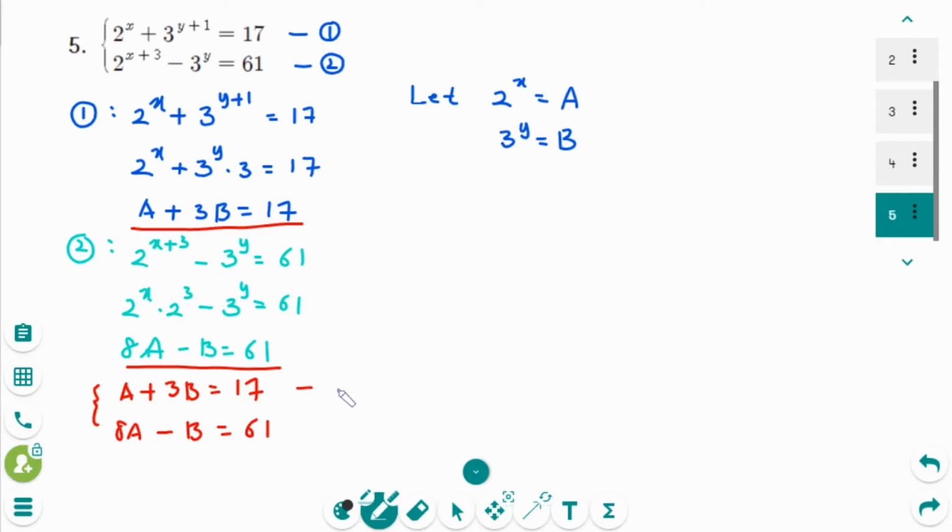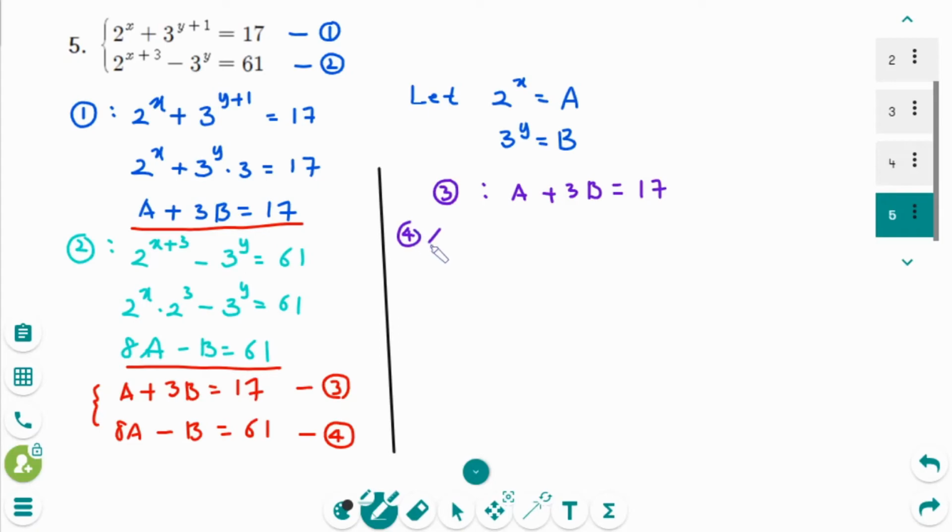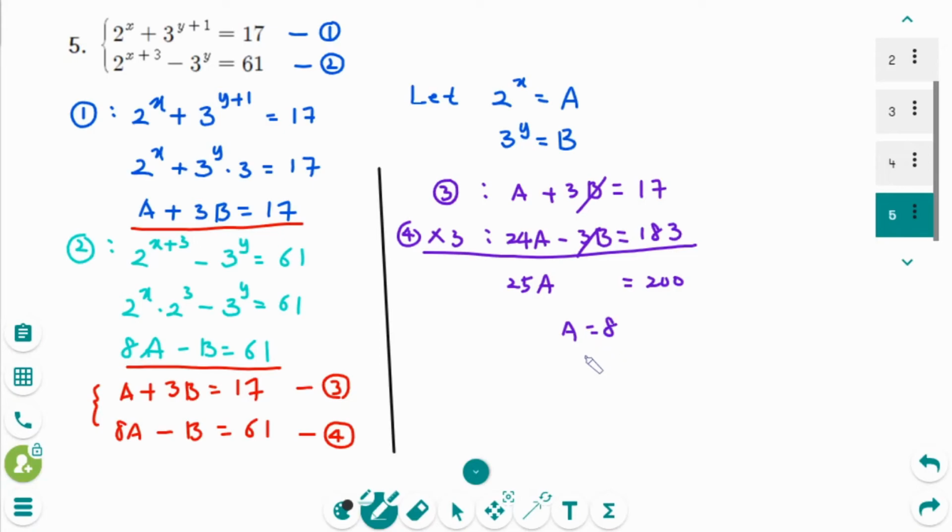Let this be number 3 and 4. Keep the equation number 3. a plus 3b equals 17. Then number 4 times 3 equals 24a minus 3b equals 183. Then add them together. 25a equals 200, the 3b cancelled. So a equals 8. Put a equals 8 into number 3.